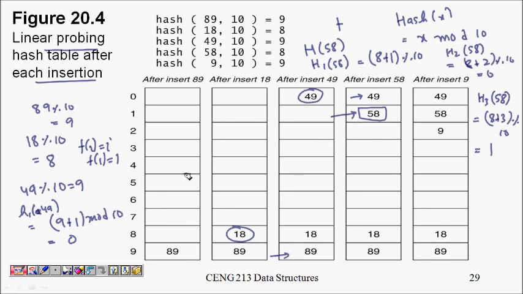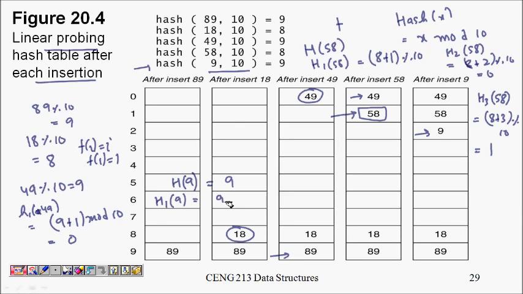And then what we try is h of 9. Again 9 modulo 10, it tries to come here, and it's not available. Then it tries plus 1, it comes here, not available. Plus 2, 9 plus 2 is 11 modulo 10. So now you see this is linear probing. Let's do the last one again. h of 9 will be 9, so that is filled.